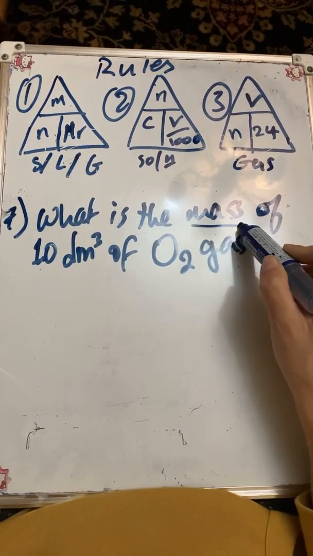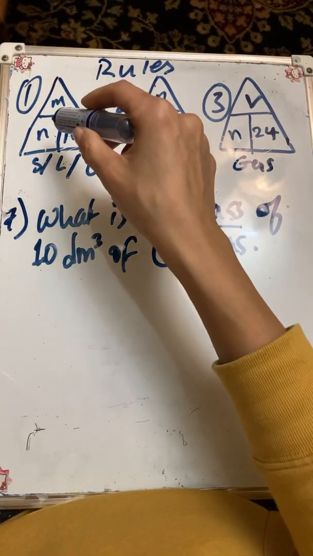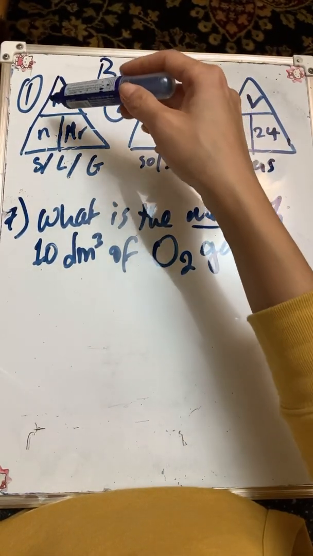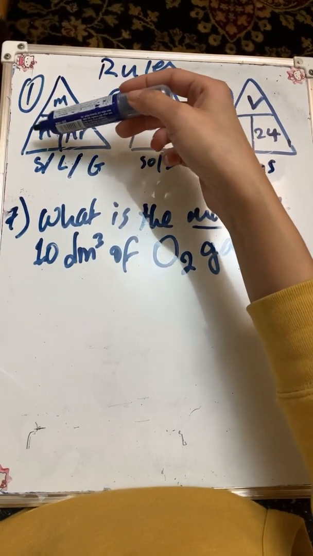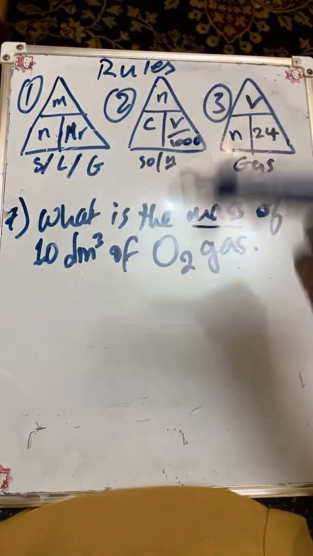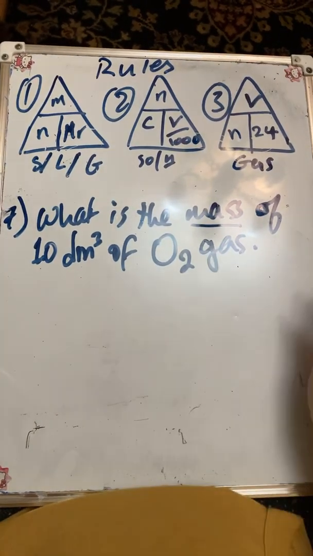Now I need mass. I directly go to rule number 1. But if I go to rule number 1 to calculate mass, I don't have the number of moles, so I'd be having two unknowns. So let's try doing that.